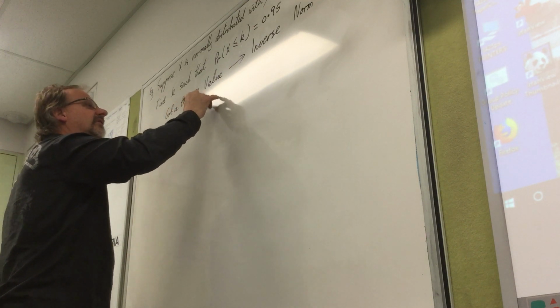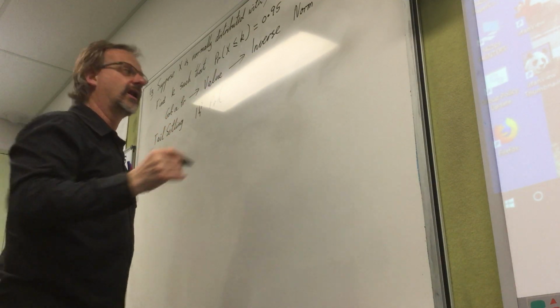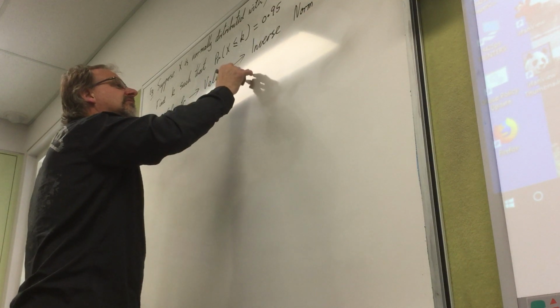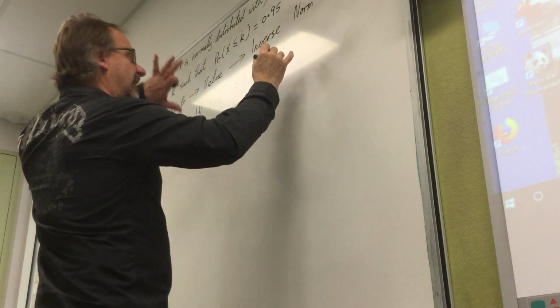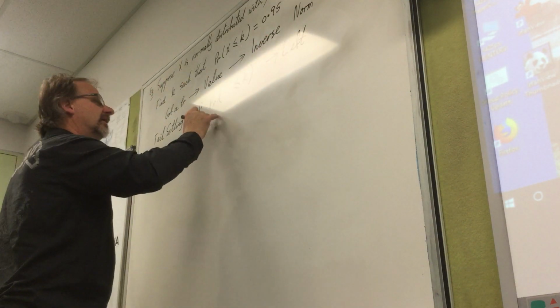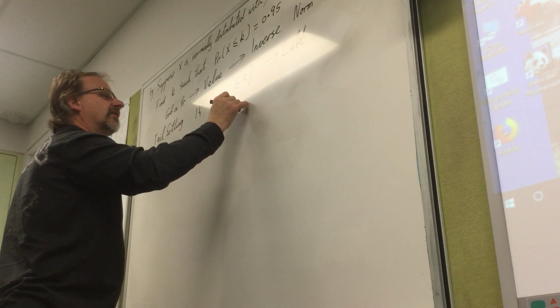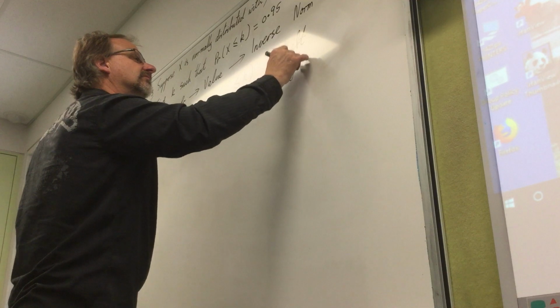So if you've got the probability of less than, then we want left, because it's the left-hand side of what we're after. If we've got the probability greater than or equal, then we choose right. And if it equals, it's center.